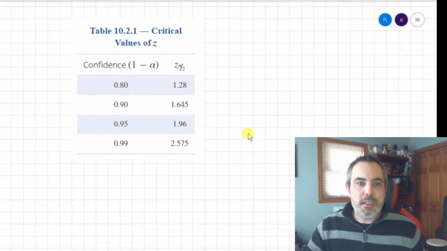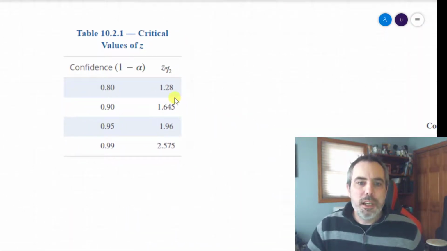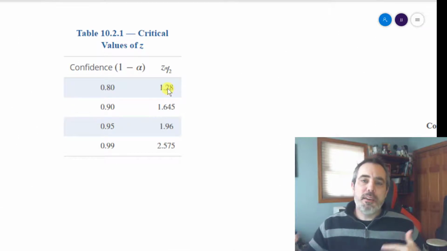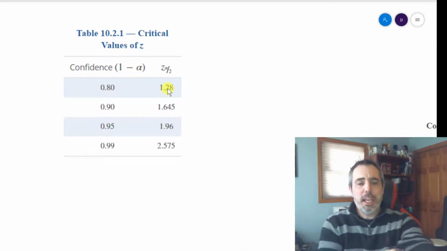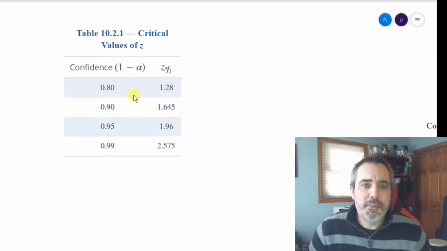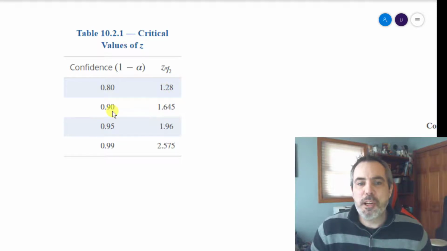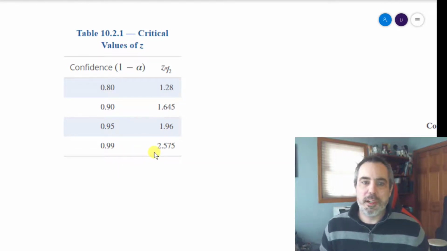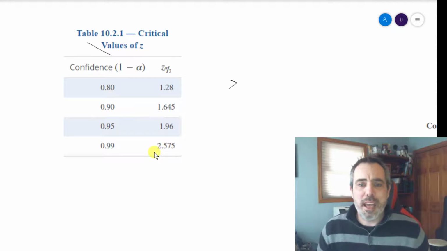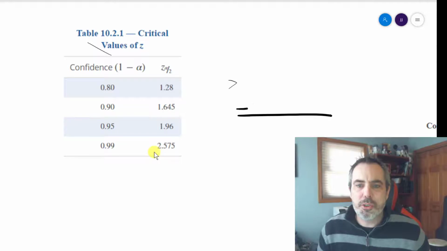Here is a typical confidence interval critical value when you have a z-test. If you're looking for an 80% confidence interval, that number, z alpha over 2, is going to be 1.28. If you're looking for a 90%, it's 1.645, 95% is 1.96, 99% is 2.575. Those would be the actual numbers that you would use, and you should recognize them.